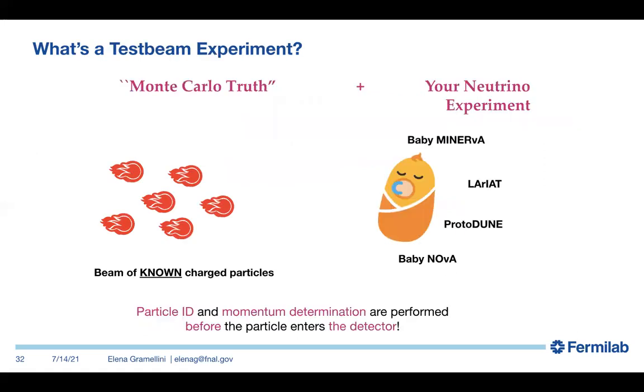In a nutshell, a test beam experiment is an experiment where you have a baby version of your neutrino experiment, for example LArTPCs, but we also put other mini neutrino experiments in charged particle beams. And then you shoot charged particles at them. So you know the particle identity and the momentum before these particles even get to your detector.